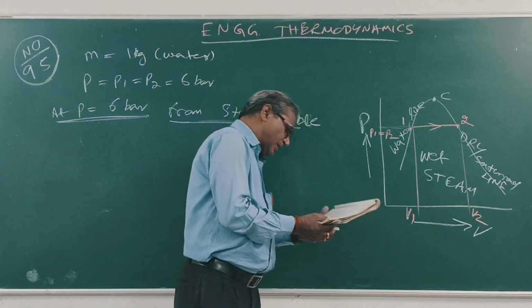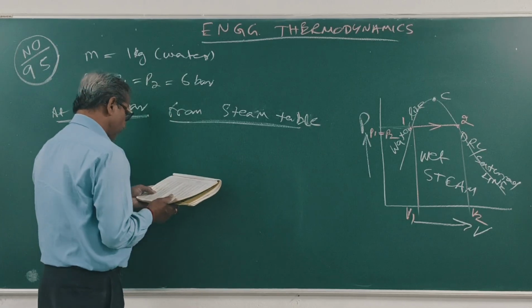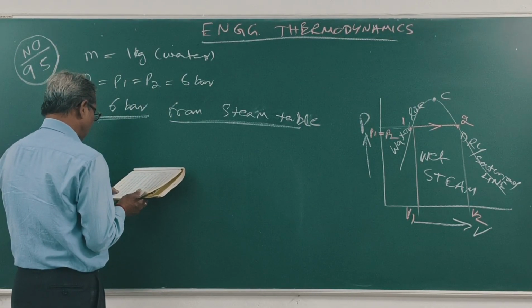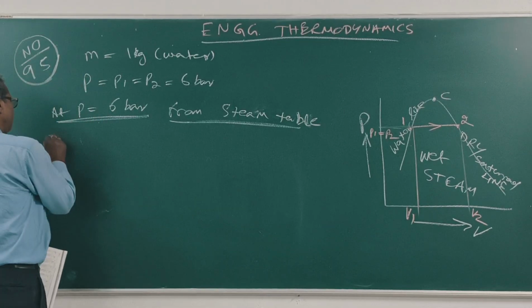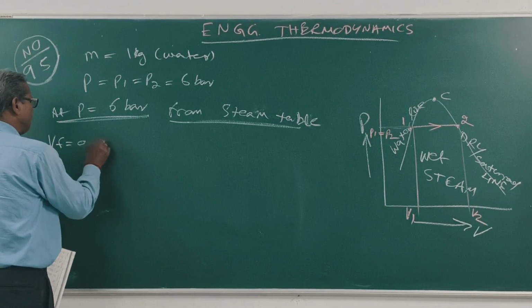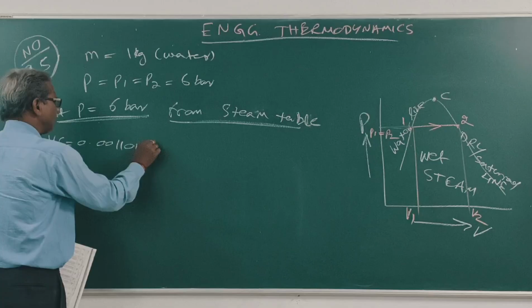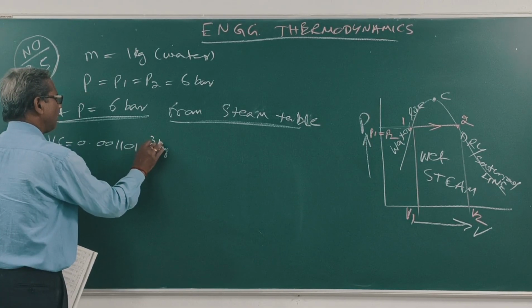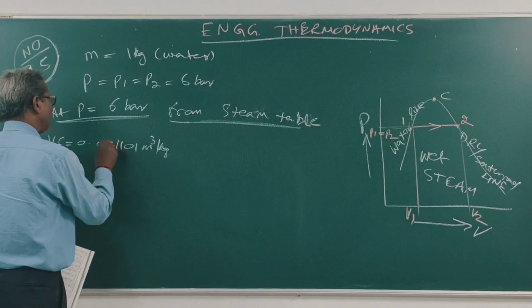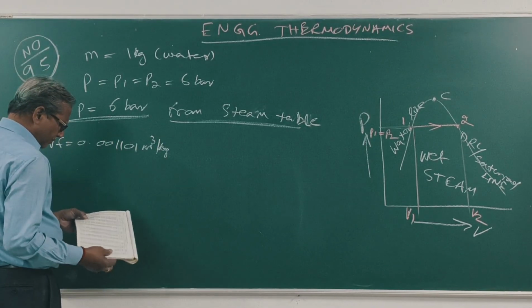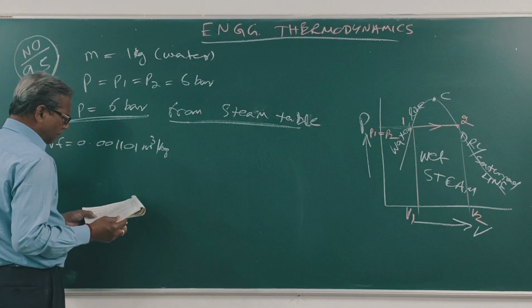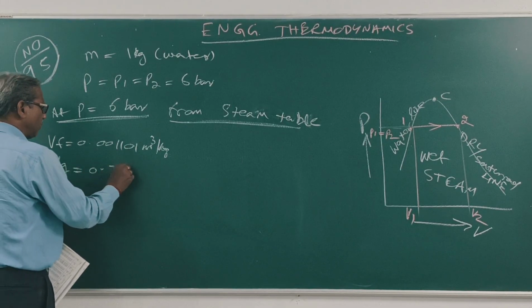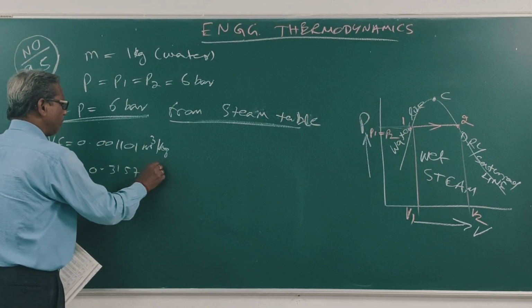Clear? At 6 bar, what is vf? vf is equal to 0.001101 meter cubed per kg. Here vg is 0.3157 meter cubed per kg.